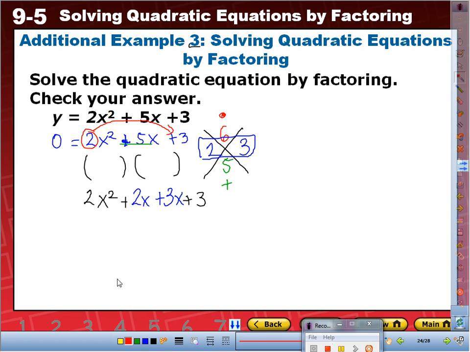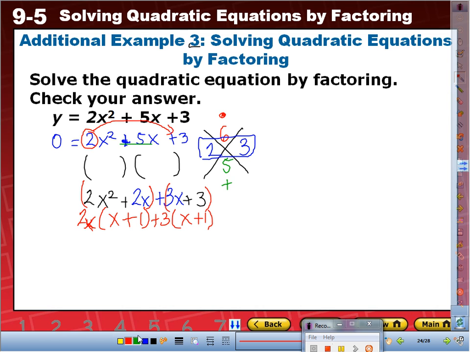Now we group. What is the GCF for these two? 2x, and we're left with x plus 1. What's the GCF for these two? 3. And what's left? X plus 1.